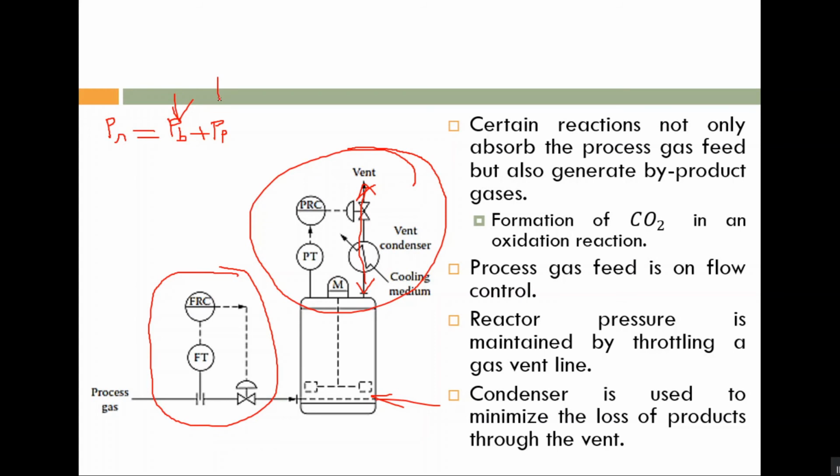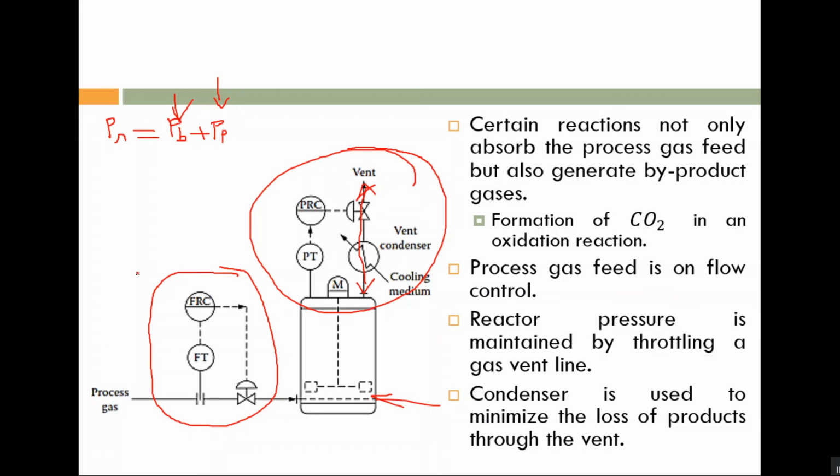But what about this pressure? You can see that this product pressure definitely depends upon the feed rate of process gas. If you are supplying more process gas, that is, more reactant feed, it will produce more product, and the production of the required product will also be large.